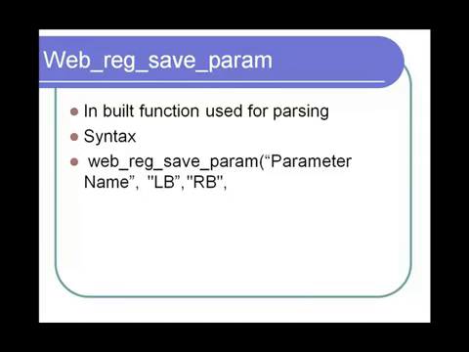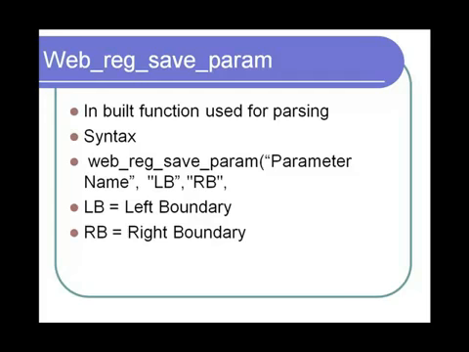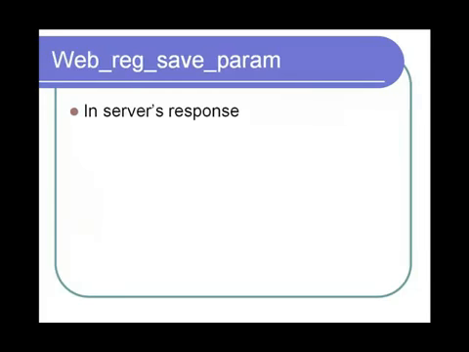In the syntax, it accepts the arguments, the parameter name, the LB and the RB. The LB is the left boundary after which the value to be parsed appears. RB is the right boundary before which the value to be parsed appears.